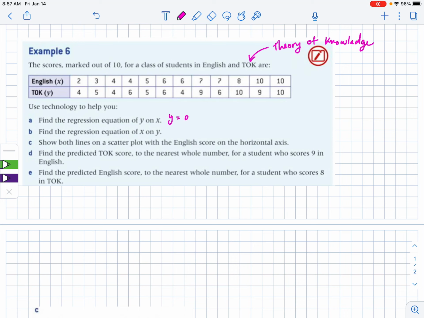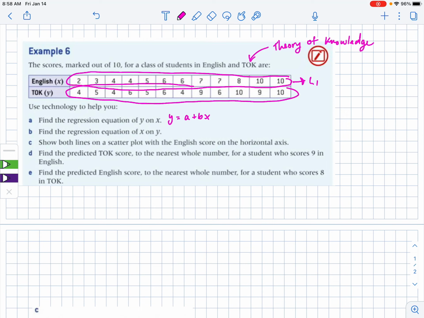So remember, y on x equals y equals a plus bx. The way you're going to do that is you're going to take this top set of data and punch it in for L1. It's a terrible L. L1. And then the bottom set of data we're going to punch into L2.